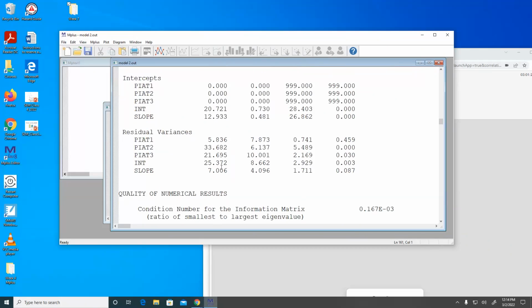And now you can see the residual variance for the intercept factor is virtually identical to the last model, which makes sense because remember that this LD variable did not predict at all the starting values for kids. So I'm not actually explaining between-person variance in where kids start with this variable. But remember, the variance for the slope before was 27.56, and now the residual variance for the slope is 7.006. So the variance has gone from about 27 point something to 7 point something.